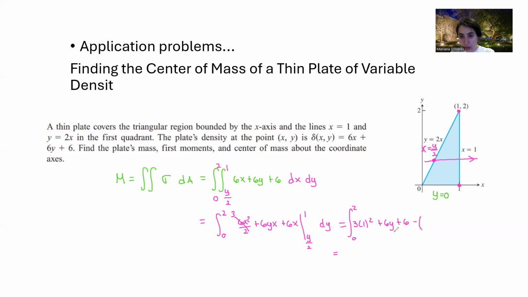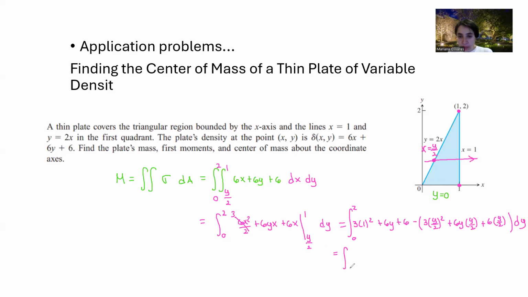And now we are going to evaluate the lower limit, which is actually a 3 times y half squared plus a 6y times y halves plus a 6 times y halves. And with that, we can get the result.